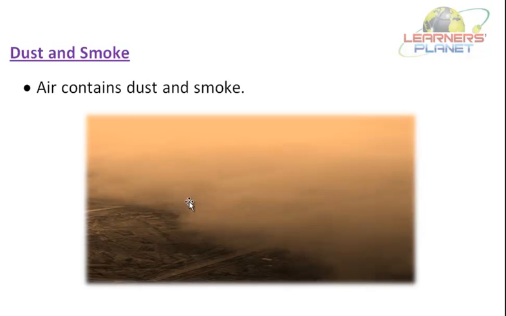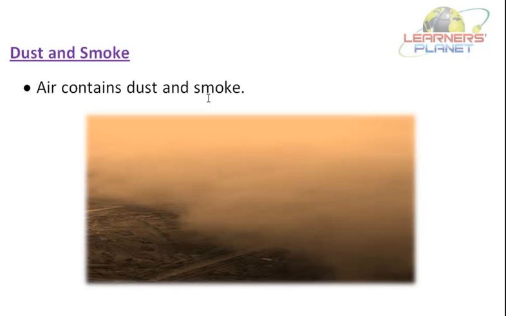Other than these, dust and smoke are also present in air. Now students, have you ever seen sun rays entering a dark room? Have you ever noticed tiny particles in the sun rays? Well, if you have, then you must know that these are dust particles, because air contains dust and it also contains smoke.